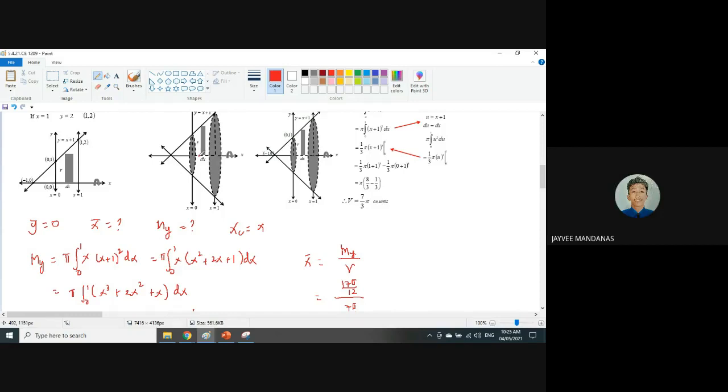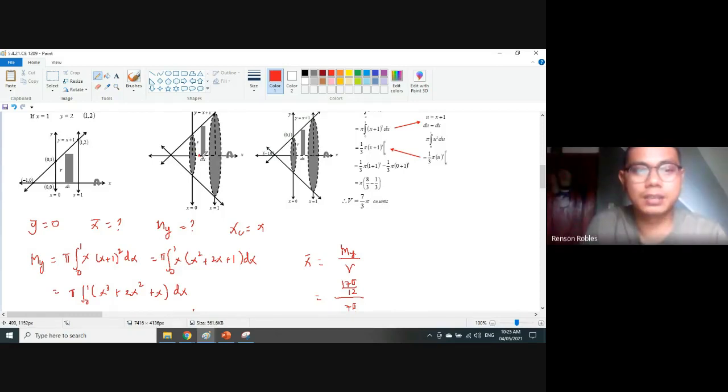So this is where we can find the centroid. The solid extends to 1, so somewhere here. This is where we can see the centroid, 17 over 28, 0.